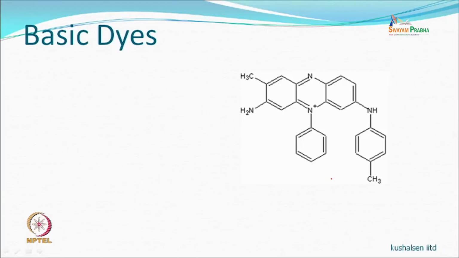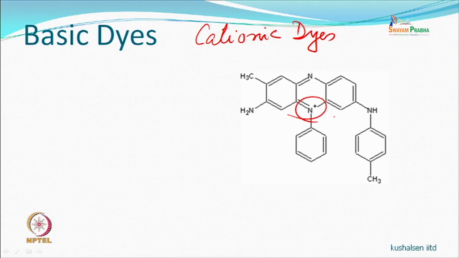The next dyes, which obviously are very interesting dyes, are called basic dyes or sometimes cationic dyes, where the dye has a positive charge in the conditions that we use them, and so they are called cationic dyes.